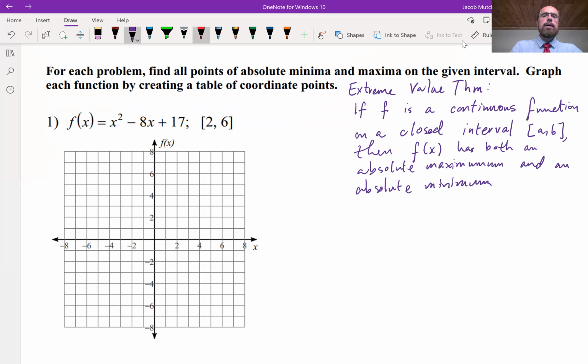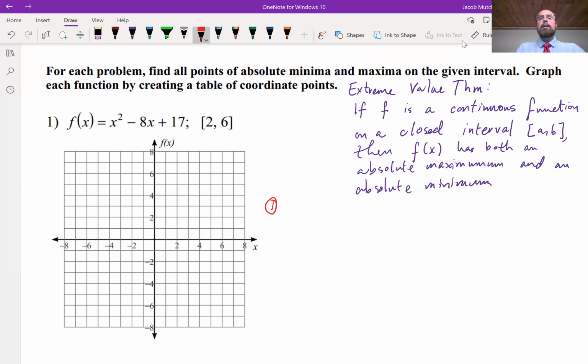So my first step when I'm approaching this type of question is I want to find a place on the function where the slope of the tangent line is going to be equal to 0. So if I've got a perfectly horizontal line like that, it's going to be at a point where the function has either a maximum or a minimum value.